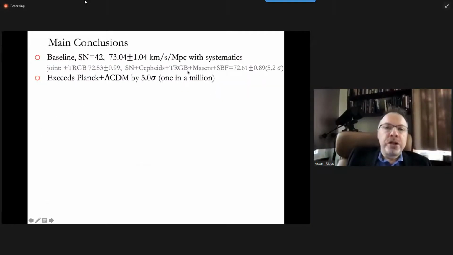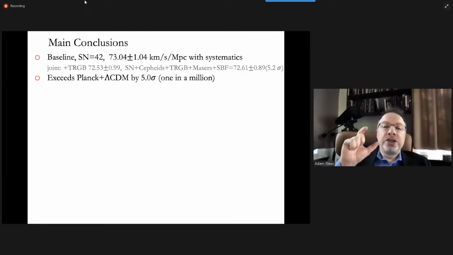Okay, so my main conclusions here are the baseline result, which I quoted, 73.04 plus or minus 1.04 with systematics; some joint simultaneous analyses with TRGB, 72.5 plus or minus 0.99; or you could go all in with other local measures that have been published recently.